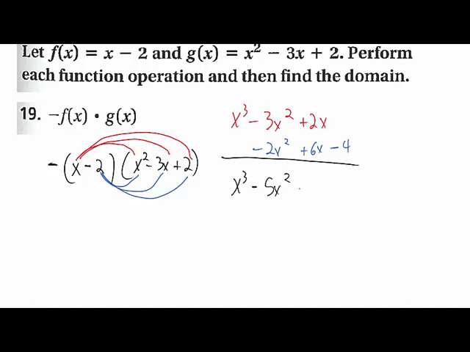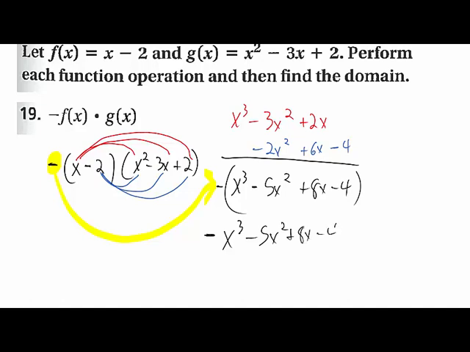And so we get x cubed minus 5x squared plus 8x minus 4. And that negative is still here, okay? So this negative, I'm going to introduce right here, and it negates that whole thing. So your final answer is negative x cubed minus 5x squared plus 8x minus 4.